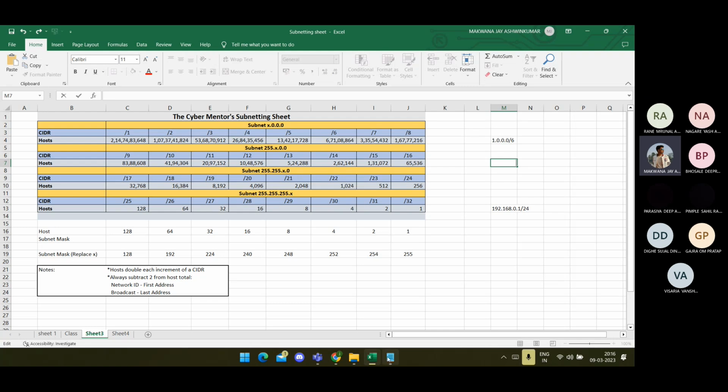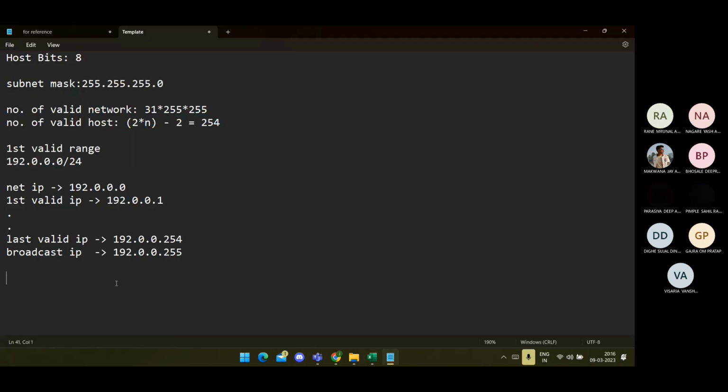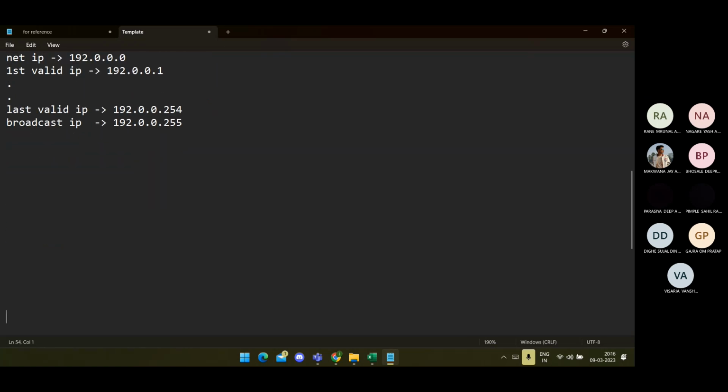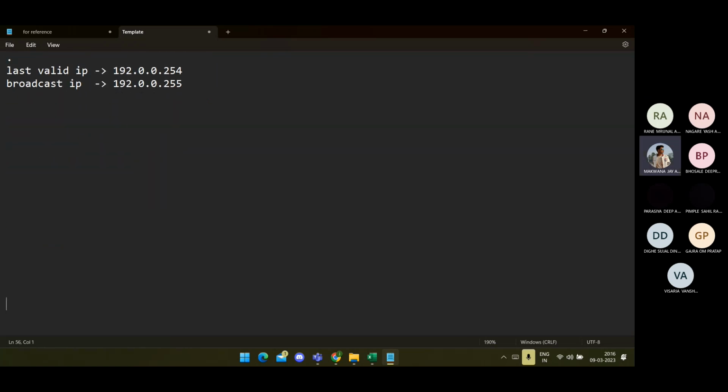I'll show you here. If I gave you the range of this, how will you calculate the number of hosts from this?